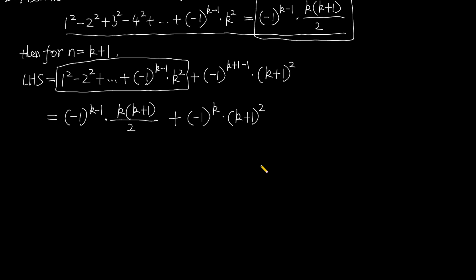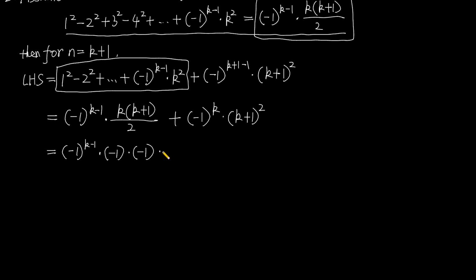Now go ahead. Now this equals -1 to the power of k minus 1. Then we multiply -1, multiply -1 again. So -1 multiply -1 is 1.